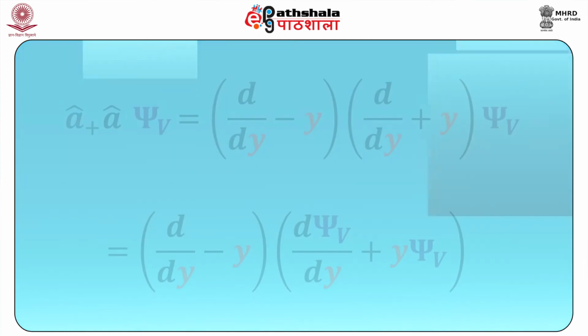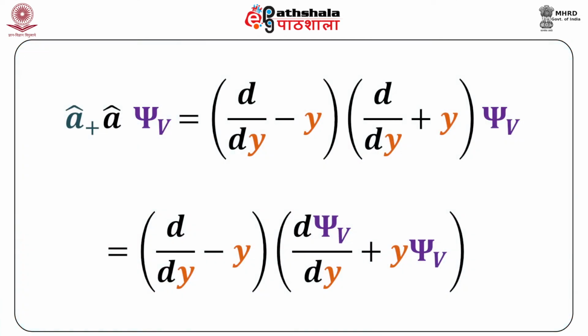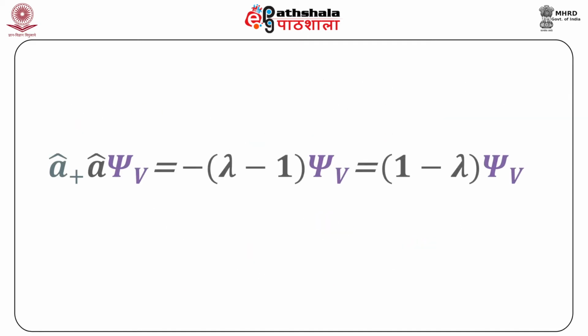And let's see here that when A plus cap and A cap operate on psi v, as you can see here, we have substituted their values, and using our earlier equation, we notice that A plus cap, A cap psi v ultimately becomes equal to 1 minus lambda psi v.